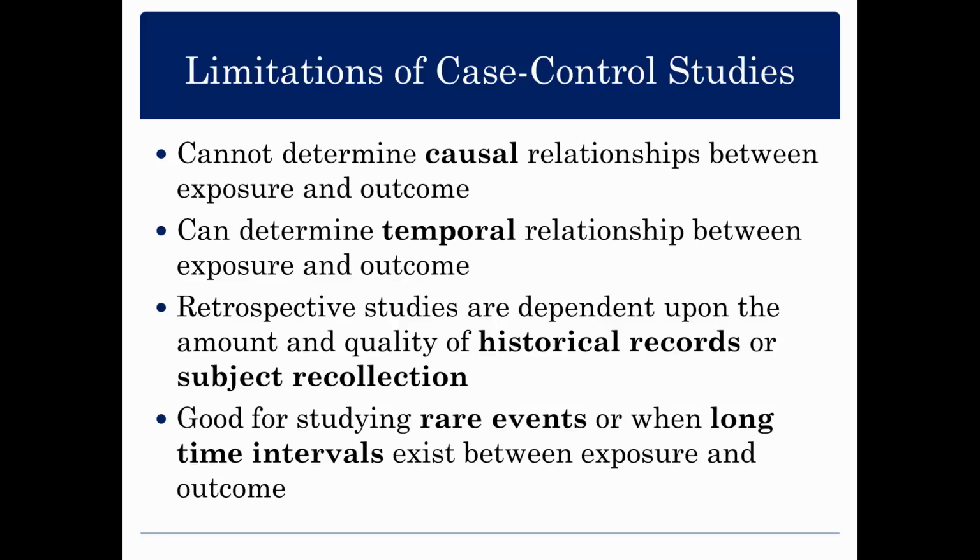So there's no cause and effect here, only association. Unlike the cross-sectional study, though, now, since we have a temporal component, we know what occurred first and then something else occurred, we know the temporal relationship between exposure and outcome, if there is one.